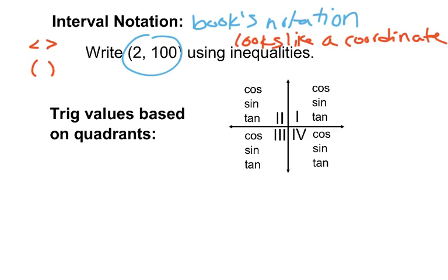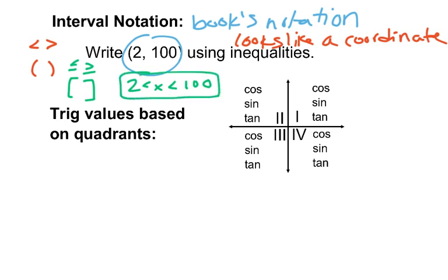If you end up having a bracket symbol surrounding a number, that actually is interpreted as a less than or equal or a greater than or equal to. And so rewriting this first using inequalities actually means that 2 and 100 are being used. We don't really know what variable it is, but that's okay. And we're talking about the fact that it's between 2 and 100. So this is kind of our inequality notation for this bracket notation.